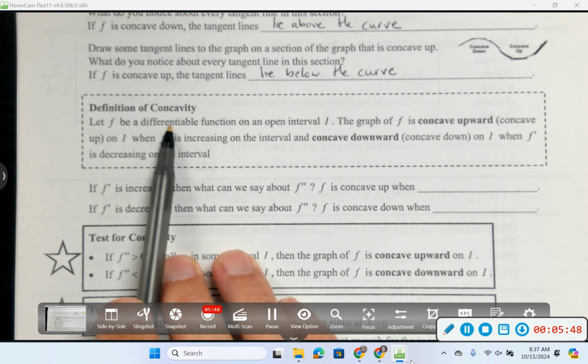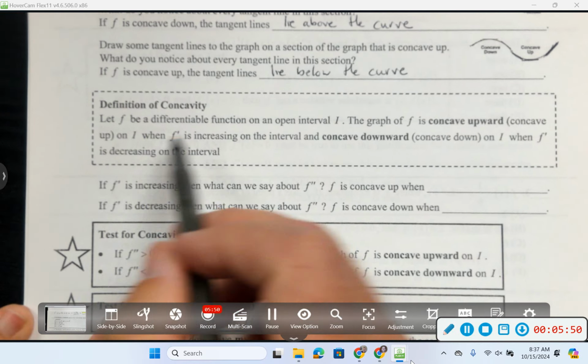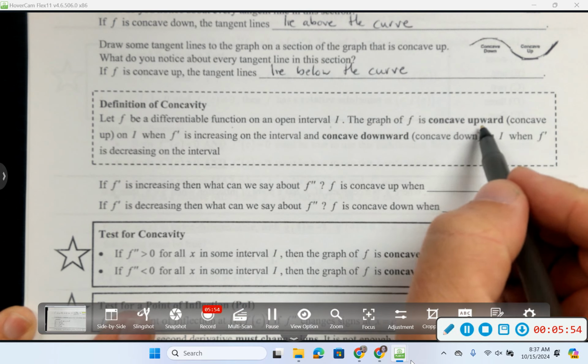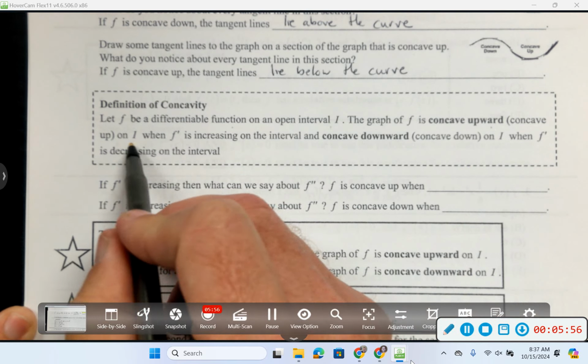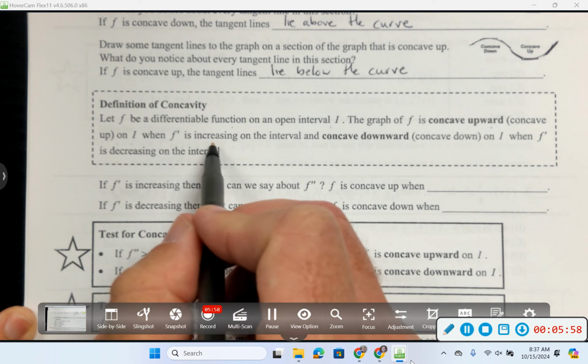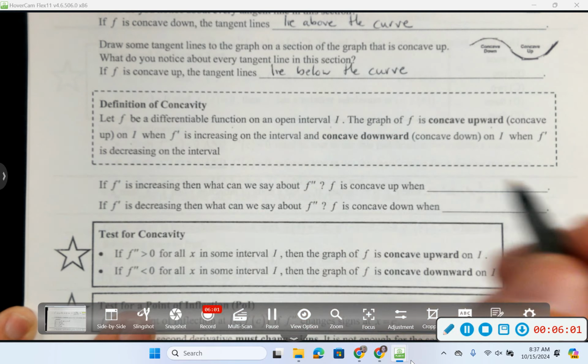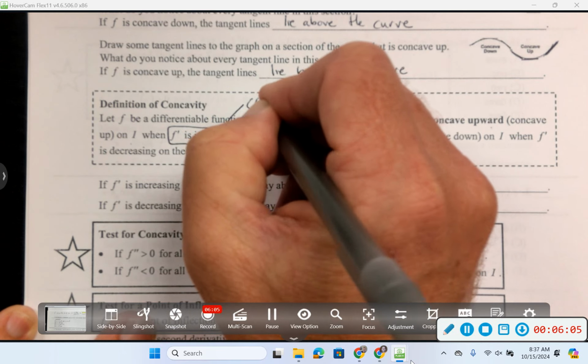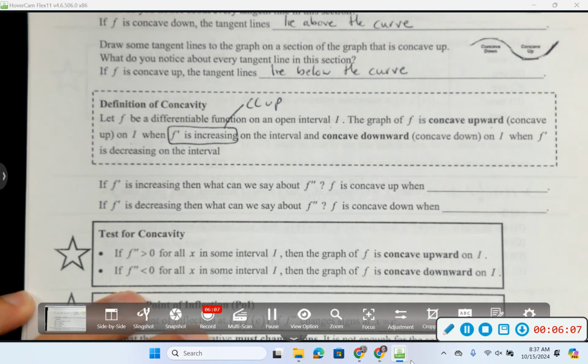Definition of concavity. Let f be a differentiable function on an open interval I. The graph of f is concave up on I when f prime is increasing. Okay, f prime increasing means concave up. Slope is increasing. Think about what that means.